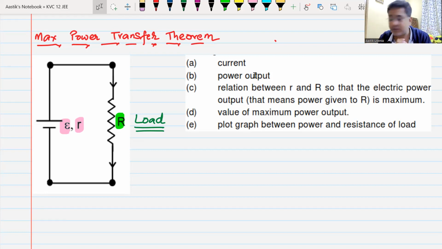Whenever we are talking about power output, it is the power which is delivered to the load. Relation between R, small r, and capital R, so that maximum power is given. Value of maximum power. Plot the graph between power and resistance. I will show you that graph. These are the first set of problems that you have. And you have 2 minutes to show your talents.